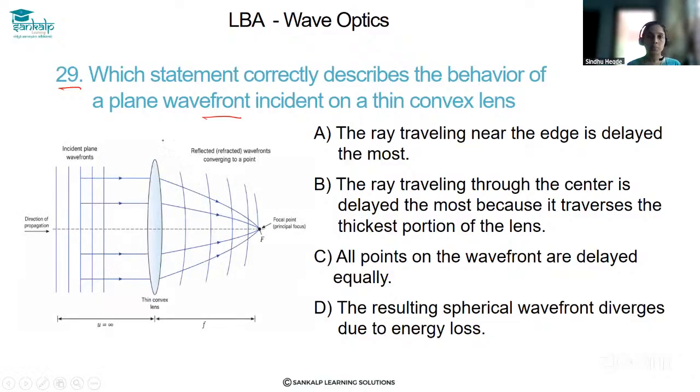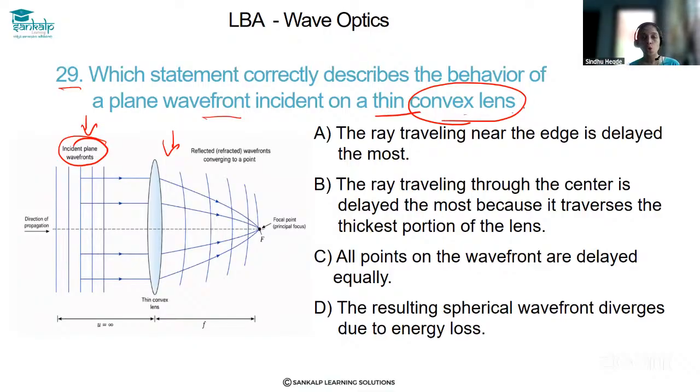Look at this image. Here, four statements are given. Which statement correctly describes the behavior of a plane wavefront when it is incident on a thin convex lens? Here is a plane wavefront which is going to be incident on a thin convex lens.